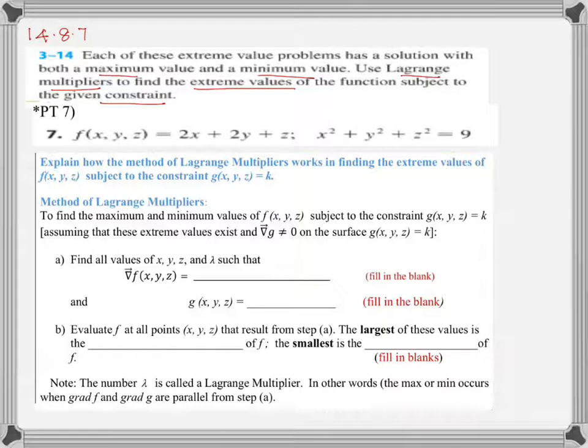A. Find all values of x, y, z and lambda such that del f of x, y, z equals lambda times del g of x, y, z.